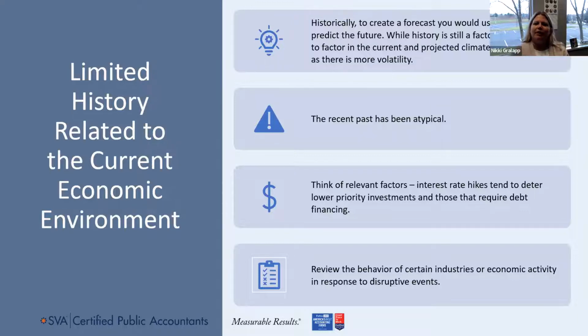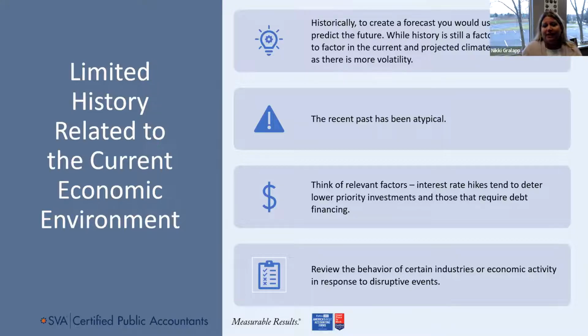You just need to put a little less weight on that factor and a little more weight on the things that you think are volatile, and not just rely on history to predict what your margin might be, or what your expense might be, or what your sales might be. So really the past has been atypical. If we look at 2019, 2020, 2021, 2022, for a lot of businesses it is atypical. And some of the same businesses have seen the highs and the lows within that period. So where are they going to level out?